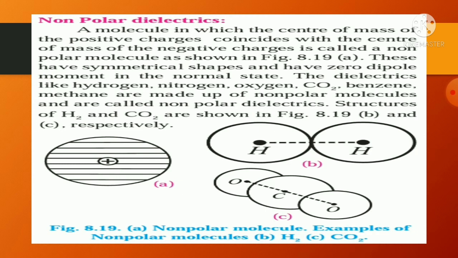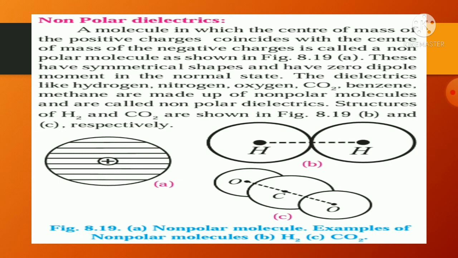Then the structure of the hydrogen molecule and the carbon dioxide molecule is as shown in figure 8.19b below. In this diagram, two hydrogen atoms are bonded with each other to form a hydrogen molecule.